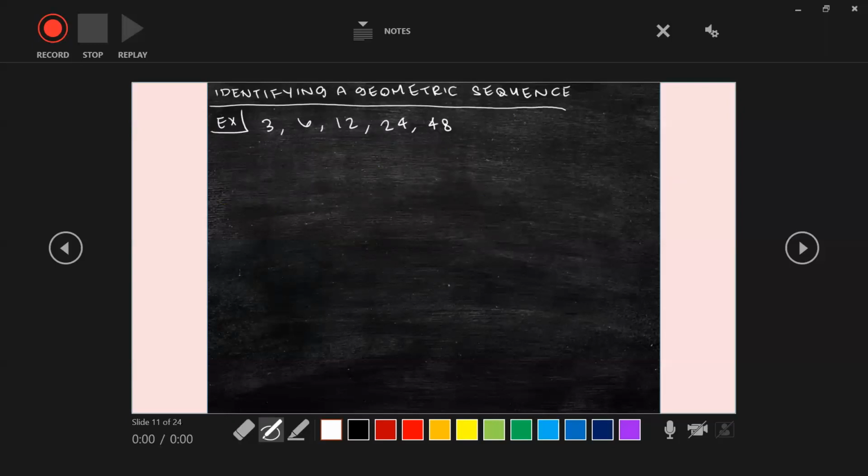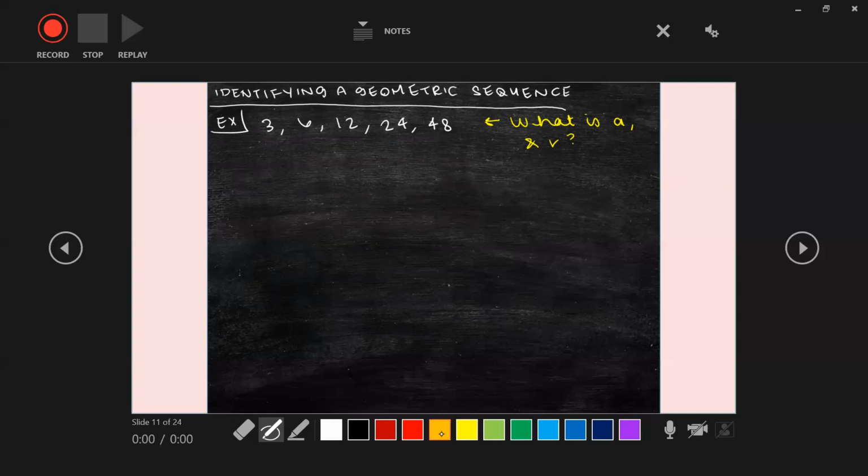In these questions, it's going to ask you what is a sub 1 and r. So it's going to ask you for your initial condition and your common ratio.